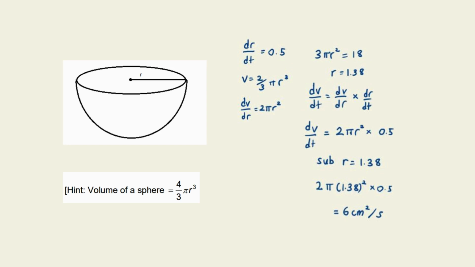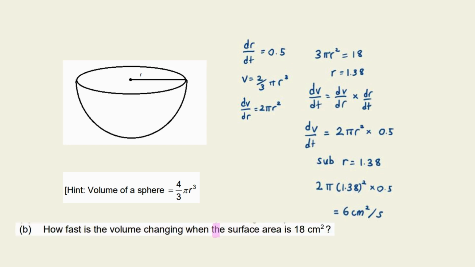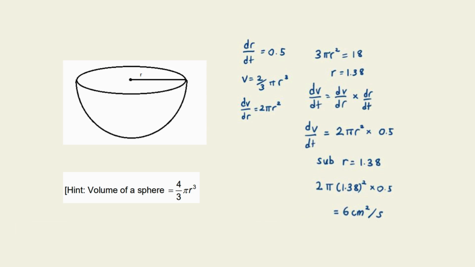From question B, it states that the surface area is 18 cm square, so we can conclude that A equals 18 cm square. As we know, A in this case is 3 pi r square, so we can set 3 pi r square equal to 18 cm square.